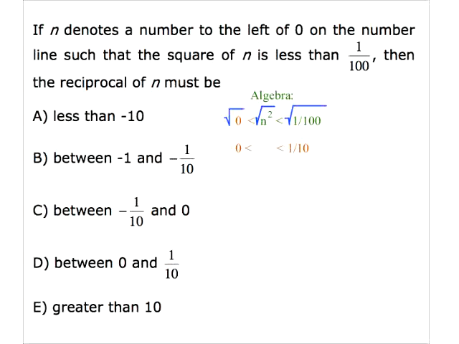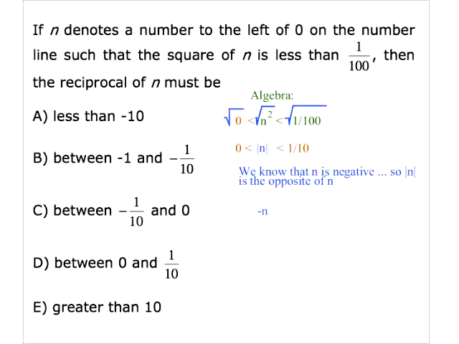But then because we know that n is negative, the absolute value is the opposite of n.